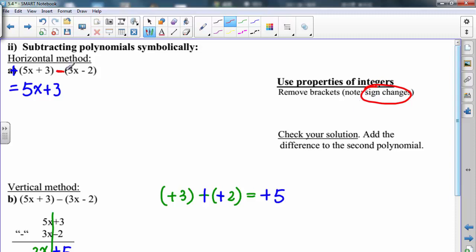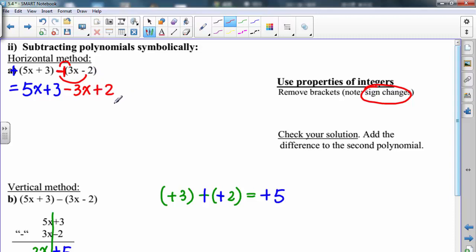Why do we need to change the sign? I take this minus bracket 3x minus 2 as -1. So I will do -1 times 3x, which becomes -3x. -1 times -2. Negative times negative becomes positive.